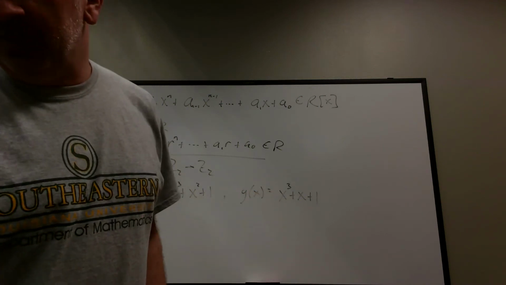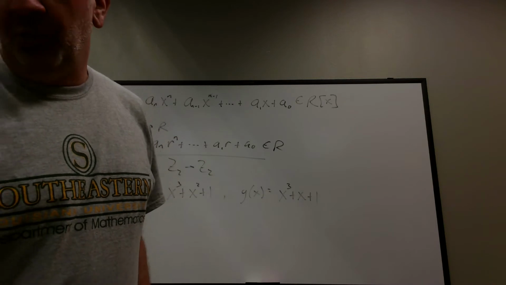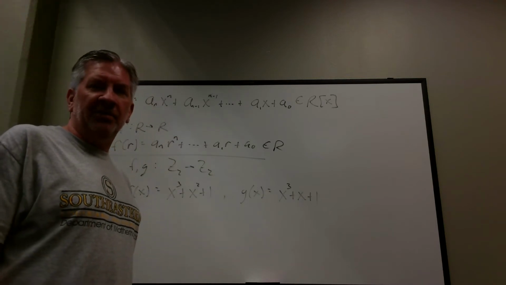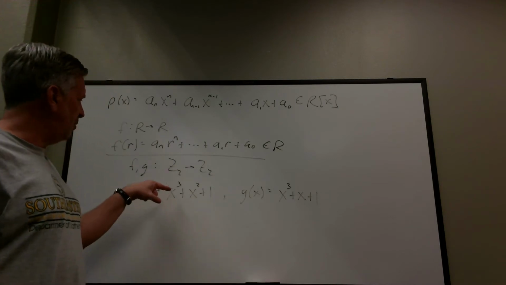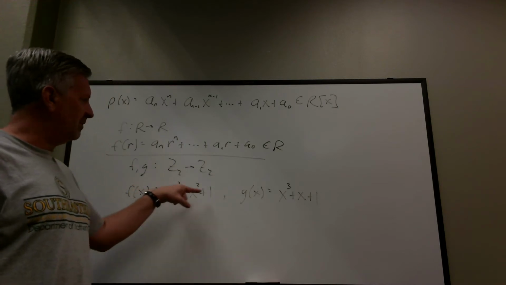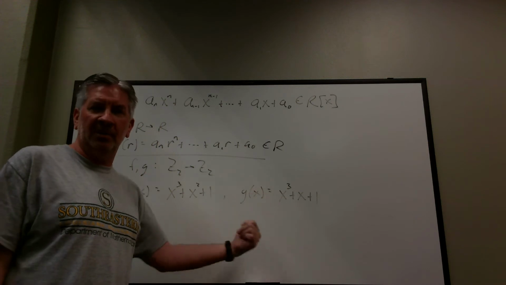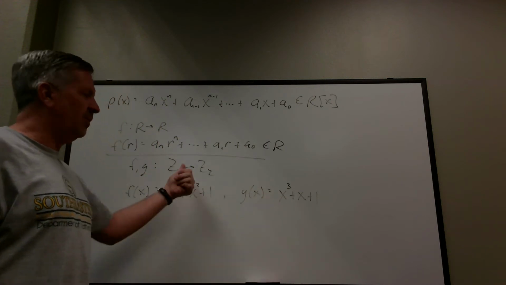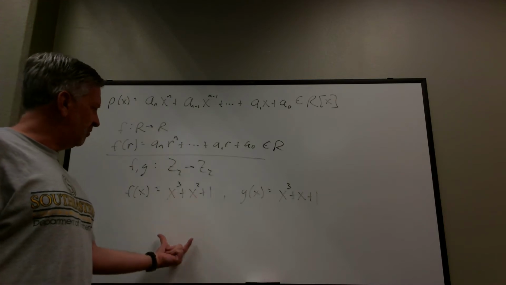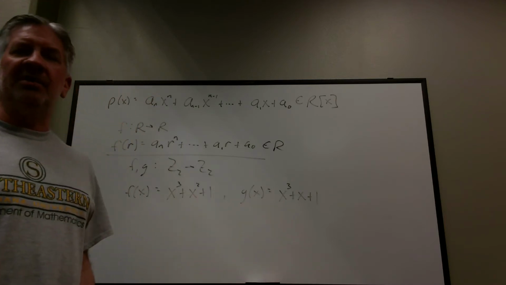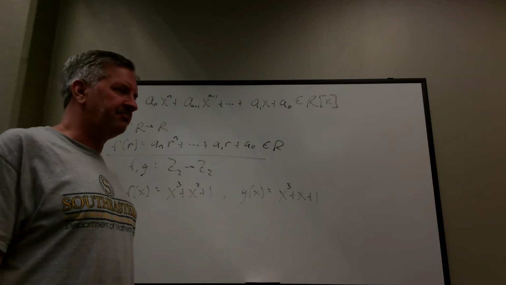The problem says, show that these two functions are the same function. How do you show two functions are the same? You show that no matter what you plug in for x here, if you plug the same thing over here, you get the same answer. So there's only two things to check. Pause the video and see if you can show little f and little g are the same thing as functions.